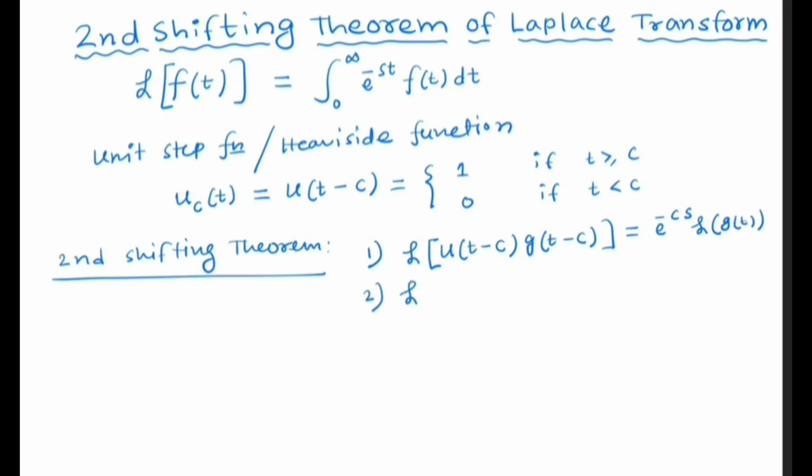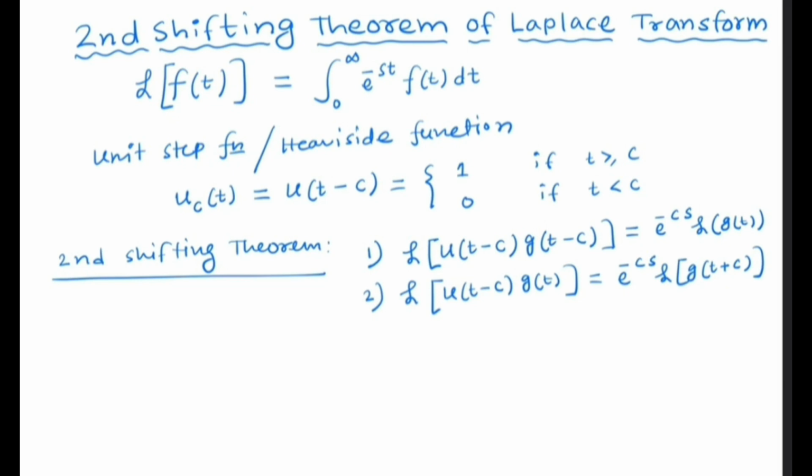And the second one is Laplace transformation of u of t minus c into g of t is e power minus cs into Laplace transformation of g of t plus c. So both forms are equivalent, and we will use the forms accordingly.